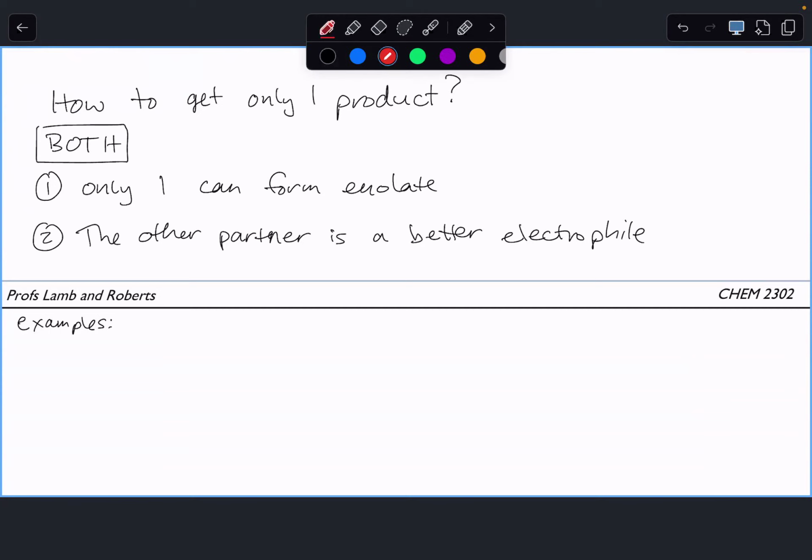So if your electrophile is formaldehyde, formaldehyde does not have an alpha carbon. Therefore, it cannot have any alpha protons.